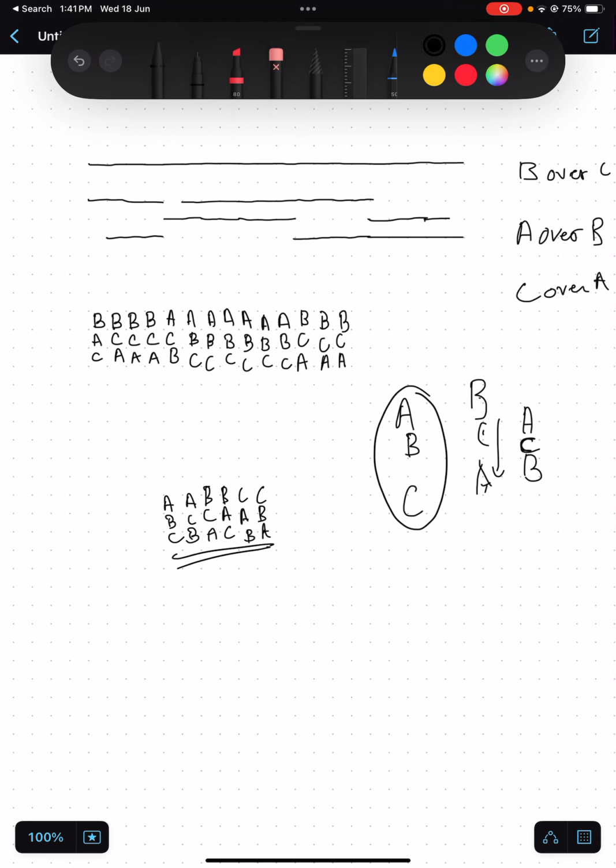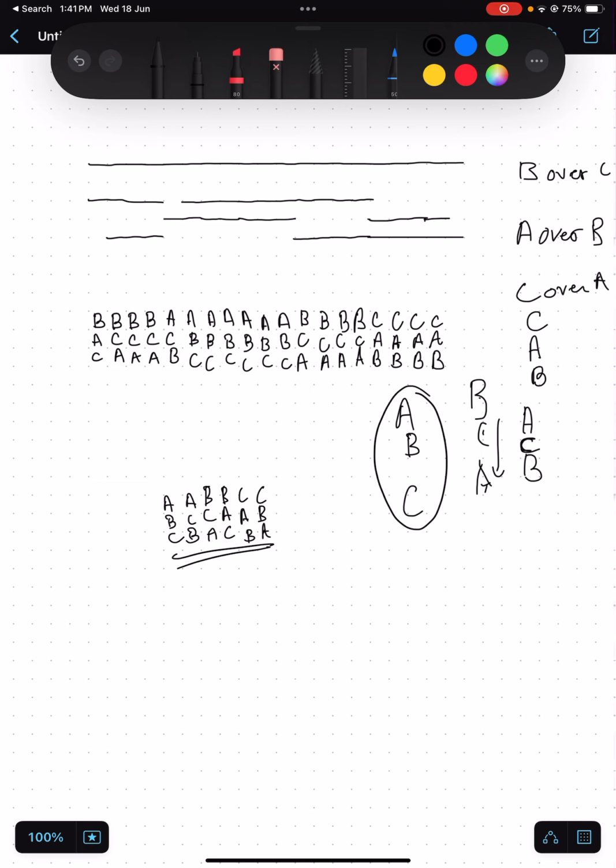So what we do here is basically BCA, same thing, BCA. Now what we have here is AB and CA. So A over B and C over A. So CAB. That's what we get here. CAB, CAB, CAB, and CAB.